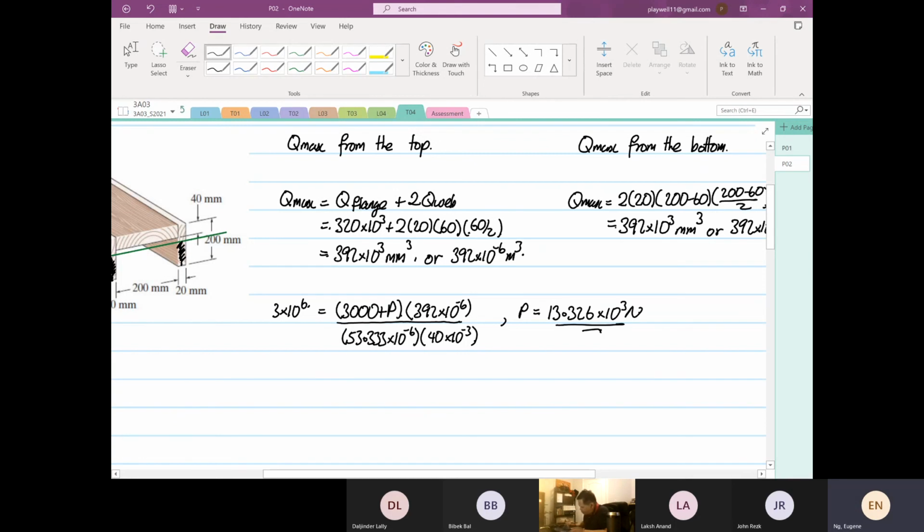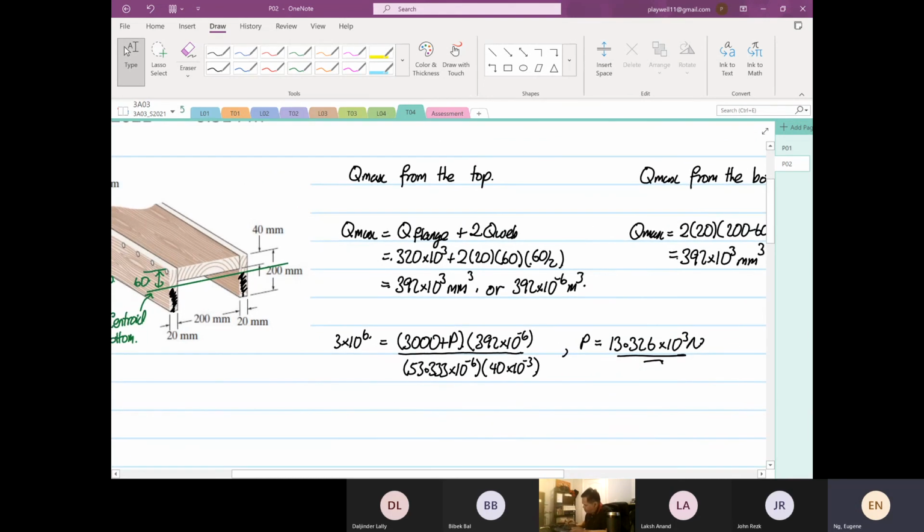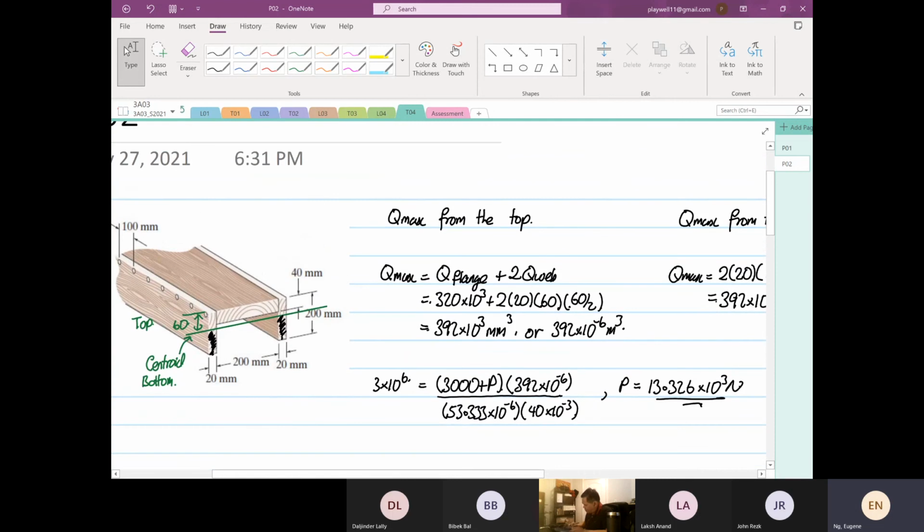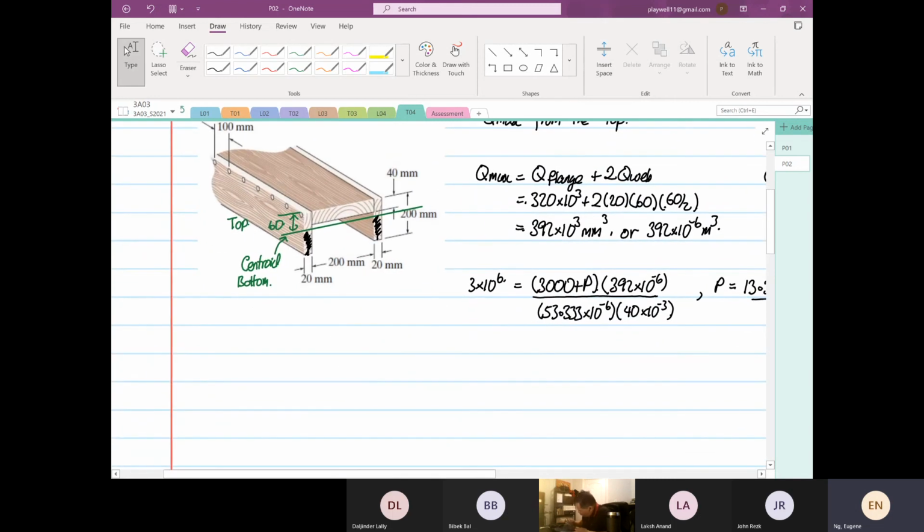So this is for mode 2 failure. This is the amount of force to fracture the wood, which is much higher. So from here, we know that the P allowable, you have to pick the lower one.